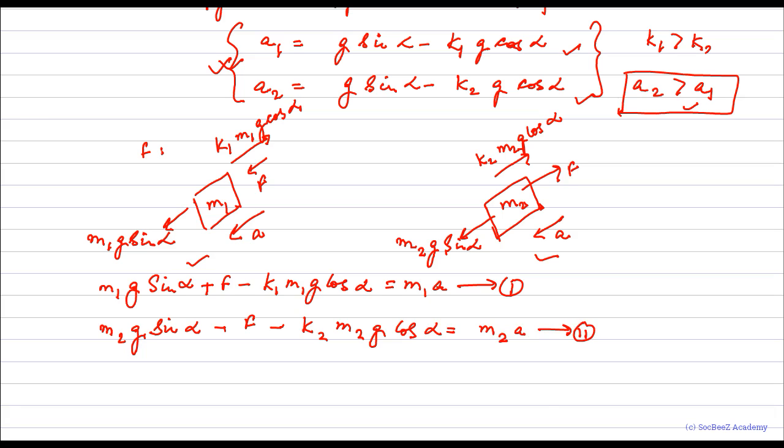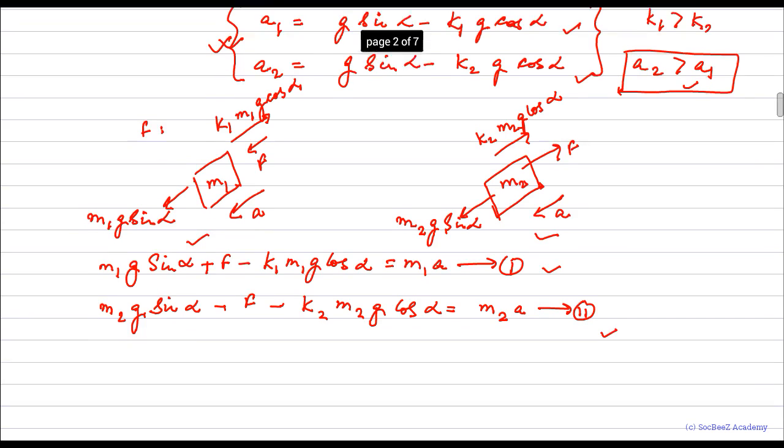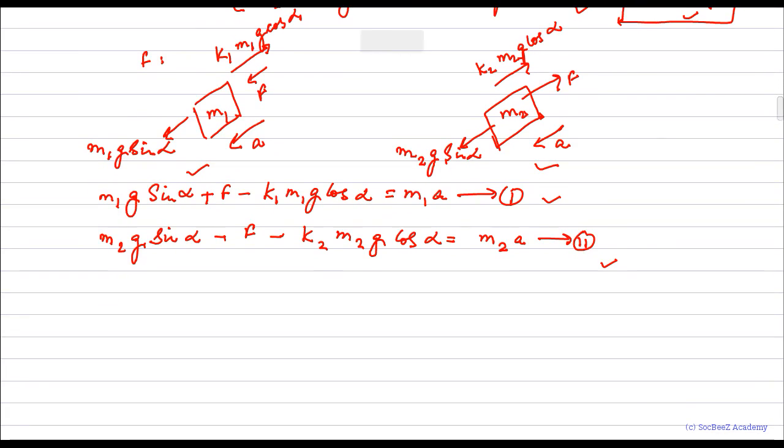Okay, now if I divide the equation 1 by m1 and equation 2 by m2, and if I subtract these two equations, I'll get g. What I'm doing is that I'm dividing this expression by m1, this expression by m2, and I'm then subtracting the second equation from the first equation.